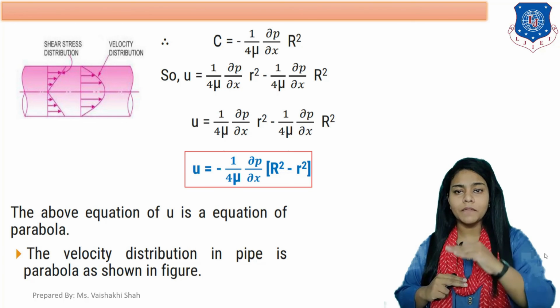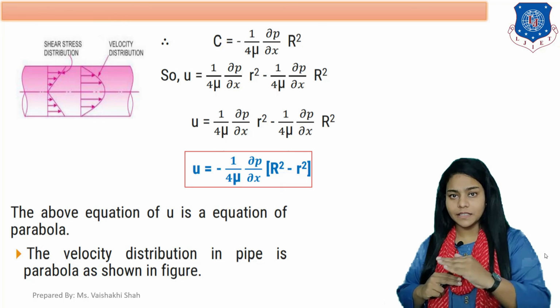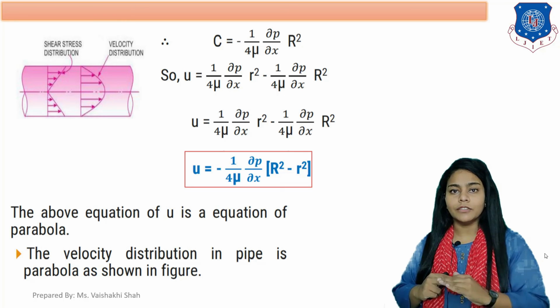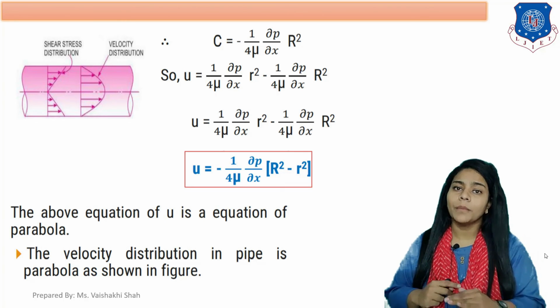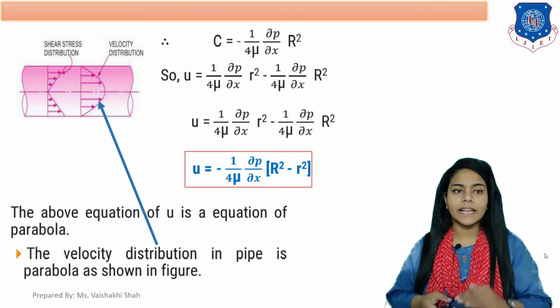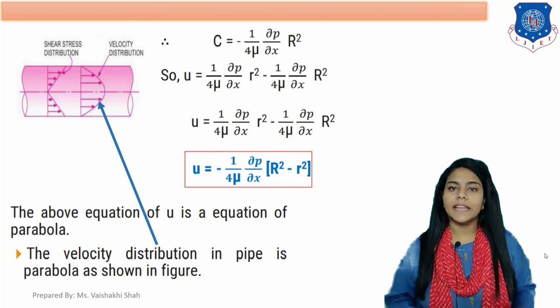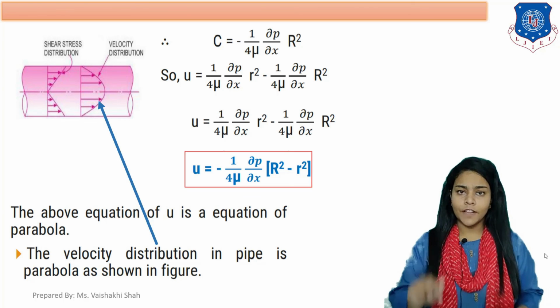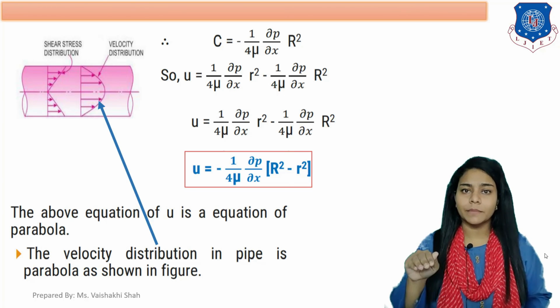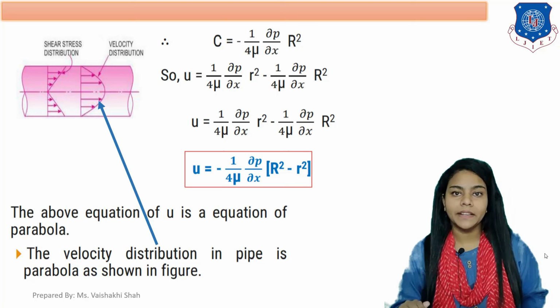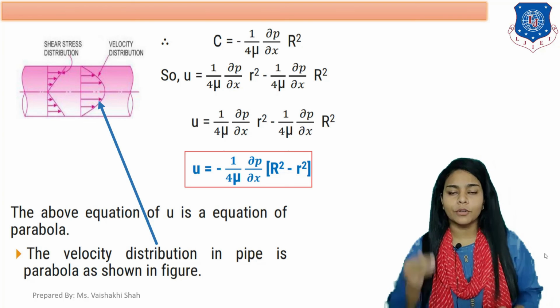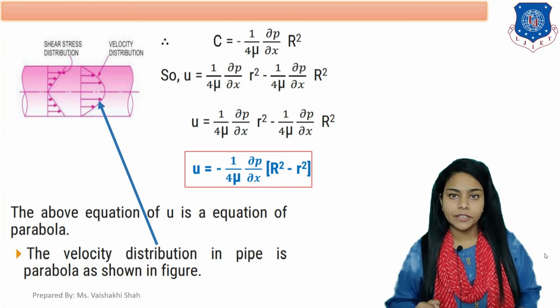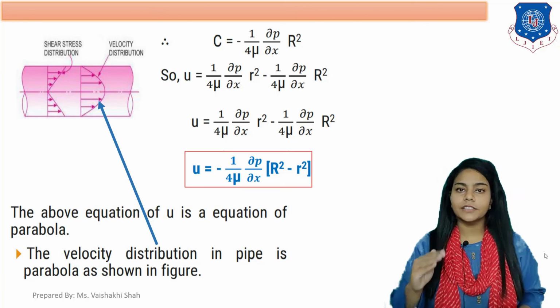On the edges the velocity is minimum or negligible, so you take it as 0. The parabolic shape indicates that velocity at the center is maximum: u maximum at center and u equals 0 at the boundary, or the edges of the pipe.